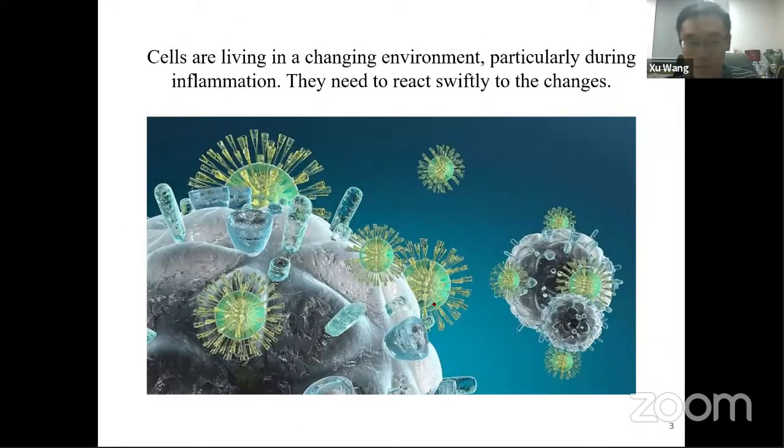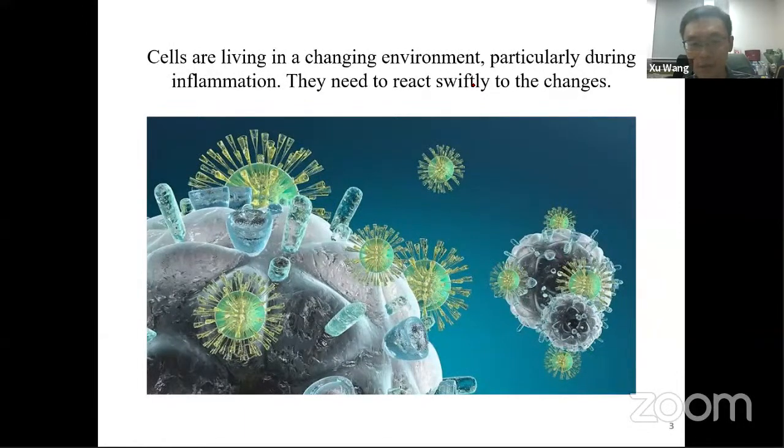So we begin the class. Cells are living in a changing microenvironment, just like human society, right? Our human society is very complicated, and the cells also have a very complicated microenvironment. This environment is fast changing, so the cells must react swiftly to the environment.